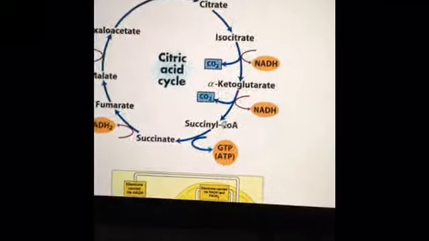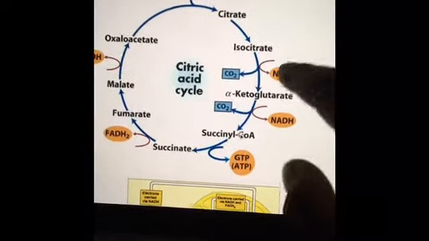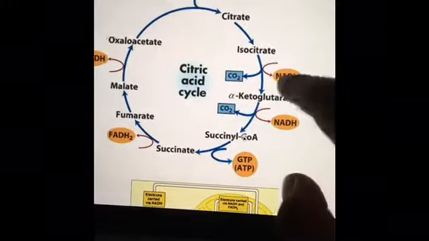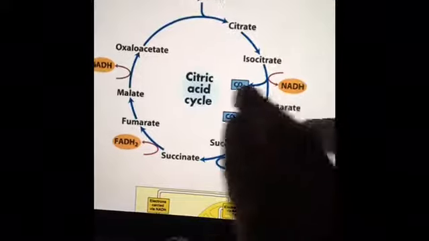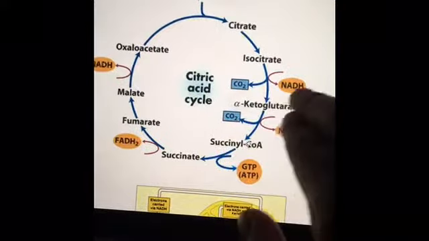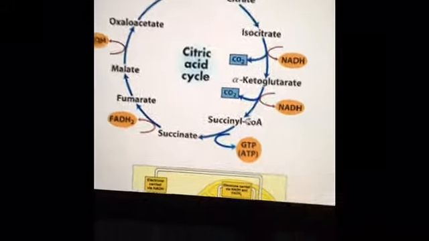The citrate then goes through a series of intermediates where NAD plus is used, and then we get a product of CO2 and NADH, and that happens through two intermediates.